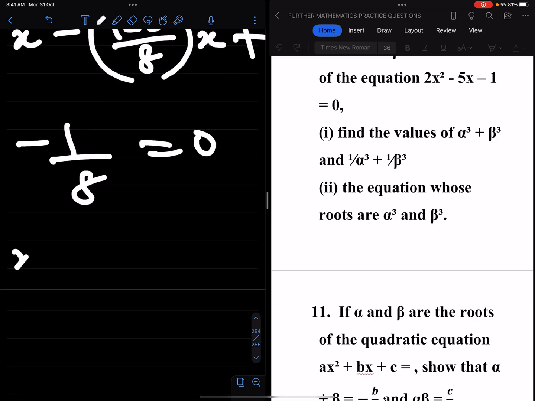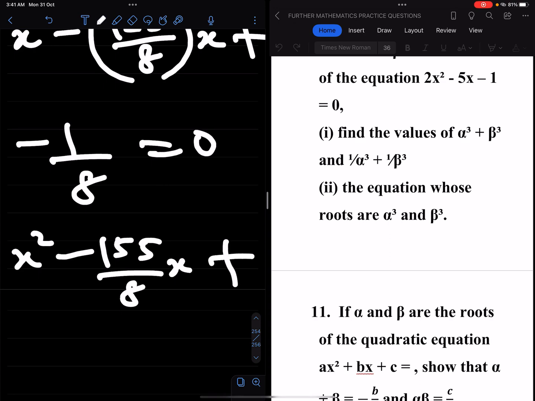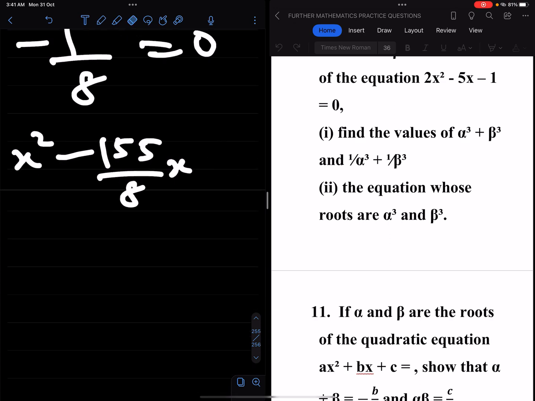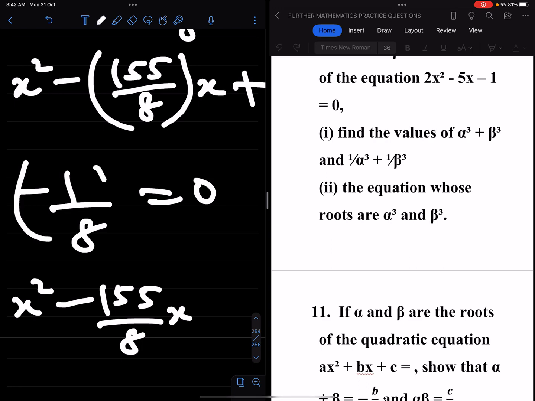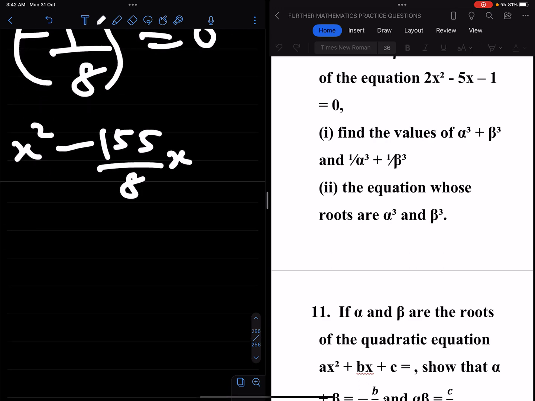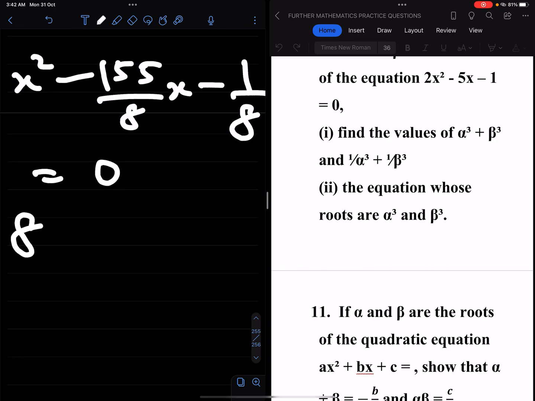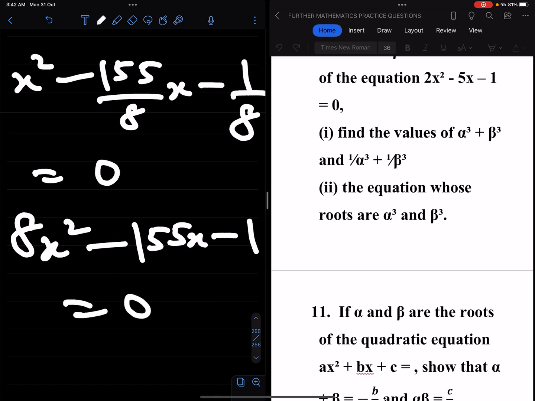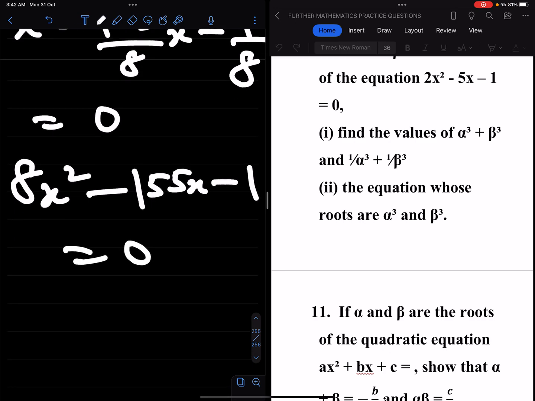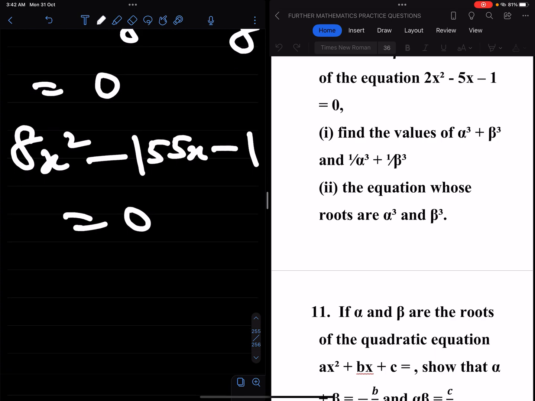That simply means I can write that as x squared minus 155 over 8x plus, let me put this in brackets, minus 1 over 8 equals 0. Now to clear the fractions, I'm going to multiply through by 8, and I'm going to have 8x squared minus 155x minus 1 equals 0. That's the equation whose roots are alpha cubed and beta cubed.